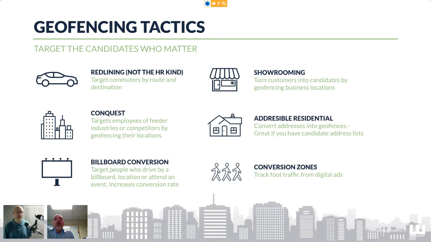We do quite a bit of recruiting of CDL drivers and sourcing of CDL drivers. And redlining has become a go-to tactic for us, where we're picking maybe a terminal that a lot of truckers pull their truck up to, and maybe putting some lines on the map on places they go to. That's redlining. It's extremely powerful for identifying commuters, and it's perfect if you've got a facility that's right by the highway.